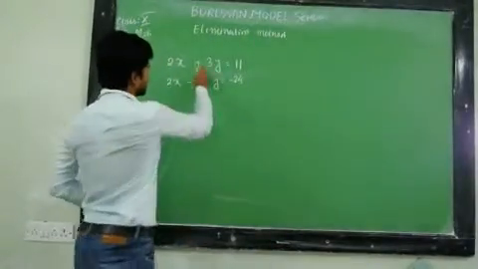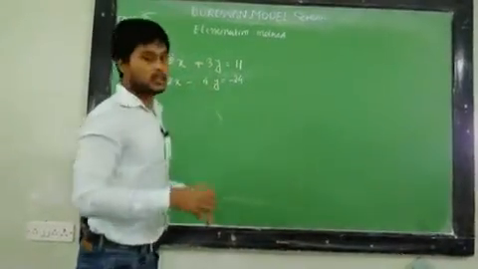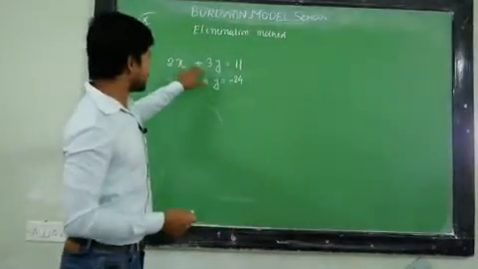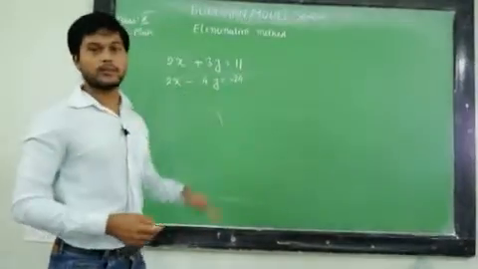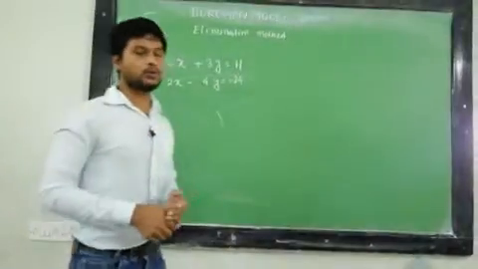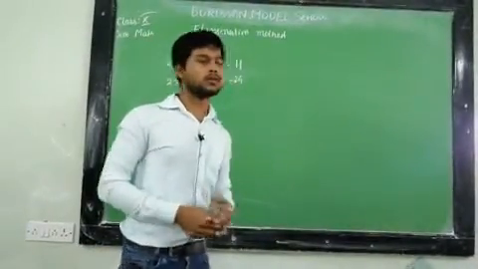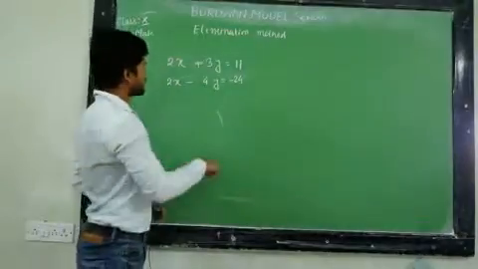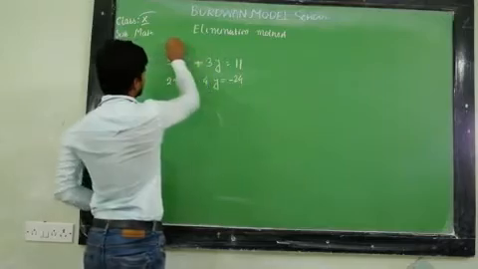So see what procedure, what steps we have to follow for solving this type of equation by the elimination method. Elimination means we have to eliminate one of the two variables, x and y. Suppose I want to eliminate y.